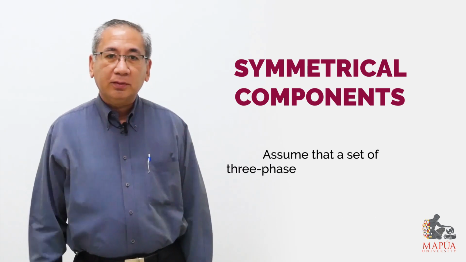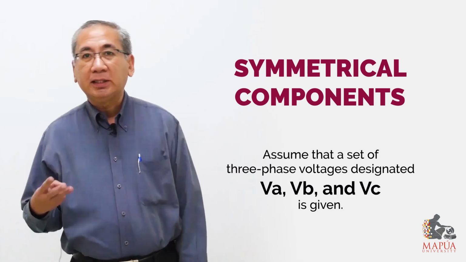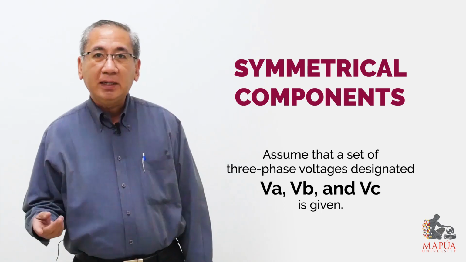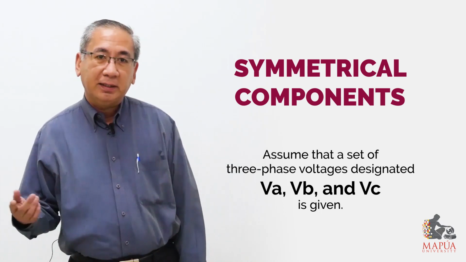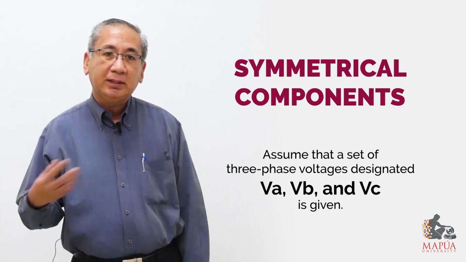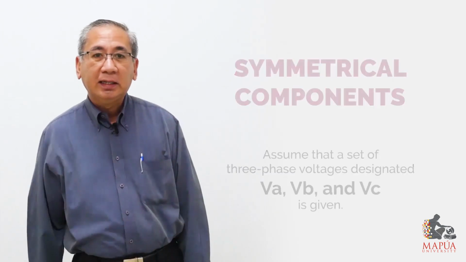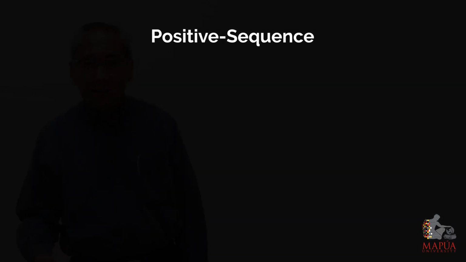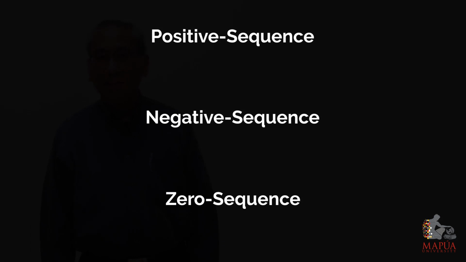Assume now that we have three voltages designated as VA, VB, and VC. They are given. And these three sequence networks are classified as the positive sequence network, the negative sequence network, and the zero sequence network. Now, what is a positive sequence network?